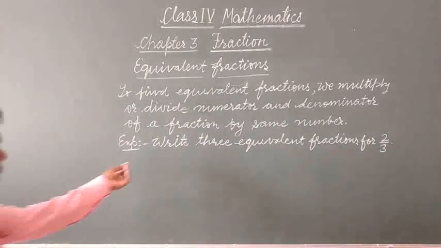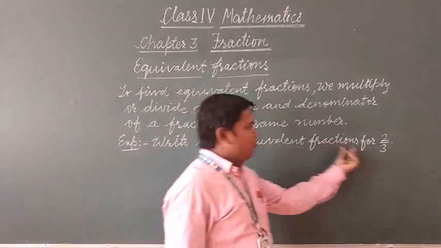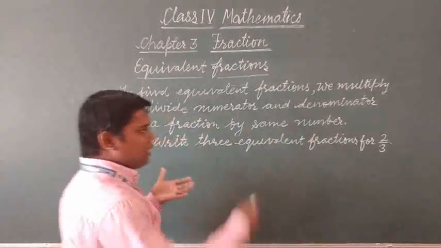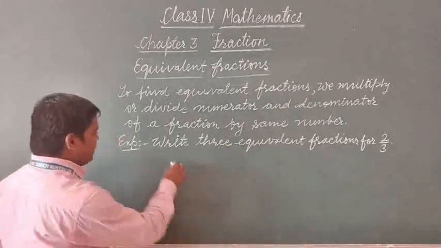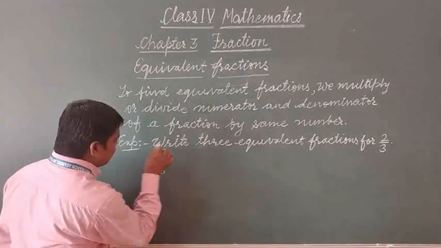I have taken an example that writes 3 equivalent fractions for 2 by 3. So to write the 3 equivalent fractions, we take the fraction here. Fraction is 2 by 3.